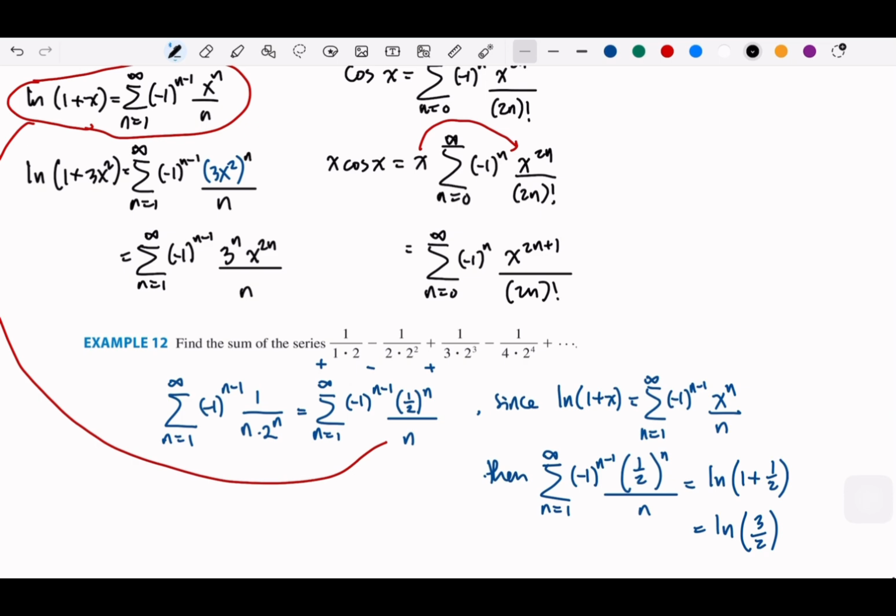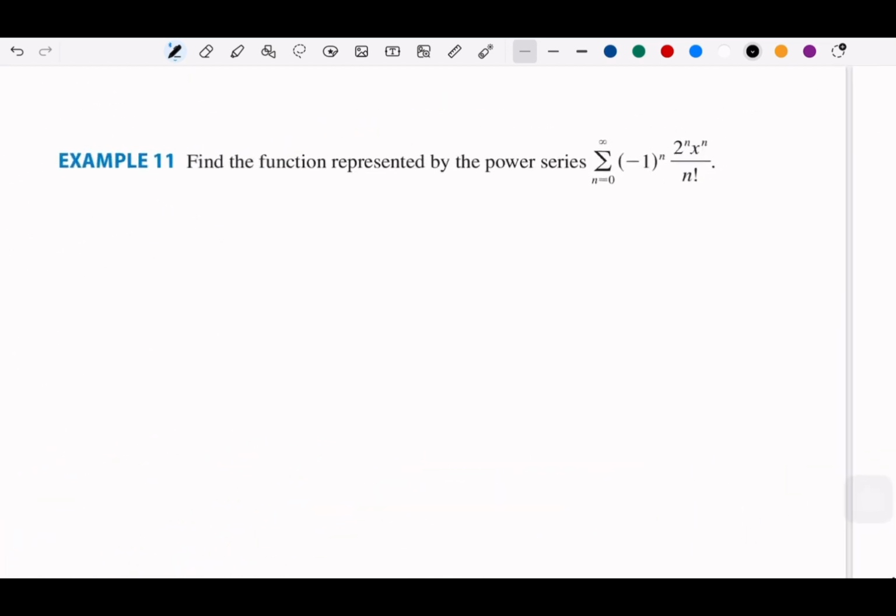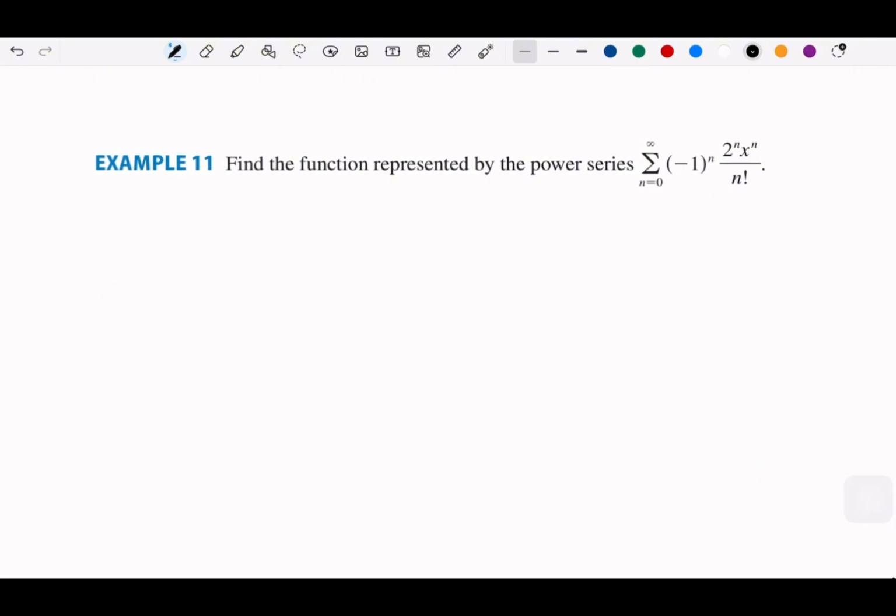Okay. Now next example here. I should start from this one first. This is the same as previous examples. What we need is to simplify it, and if we look here, they are all in the power of n, so I will combine all together.